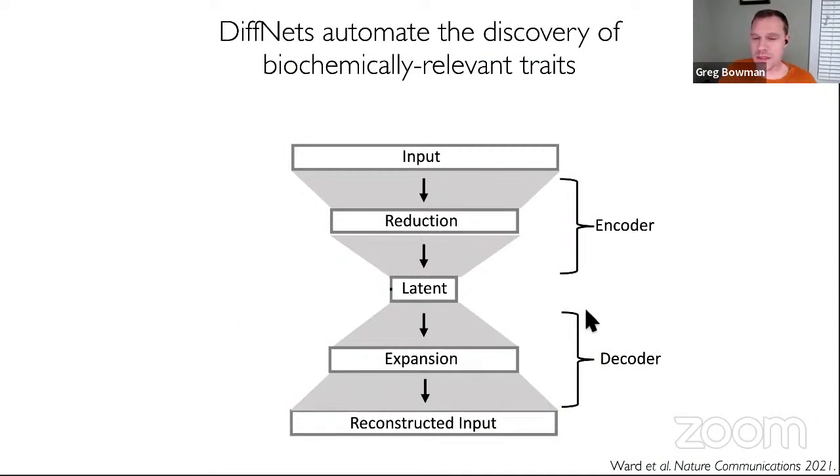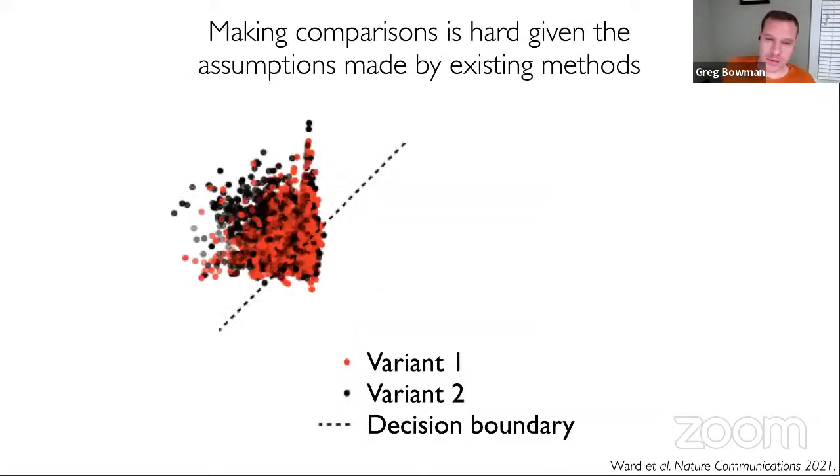One thing that we thought might stymie some of our efforts, though, is that, like PCA, what this is effectively doing is assuming that bigger geometric changes are more important than smaller ones. And that's not necessarily always going to be true. And so what we did is adapted this into a supervised autoencoder that we call DiffNets, right?